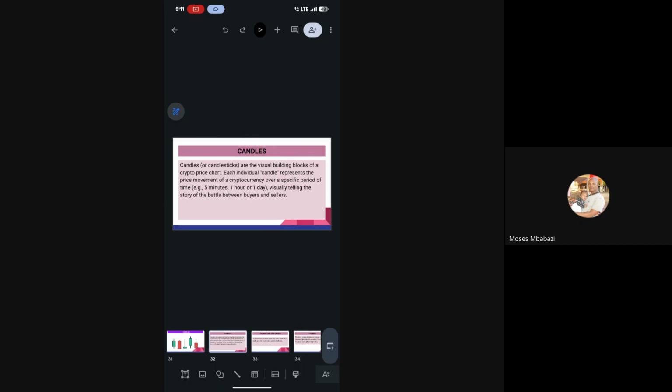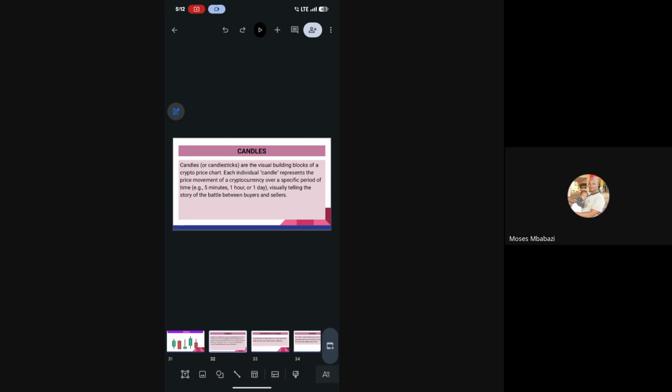So it is with the help of the candles that we are able to sit down, look at what's going on, then take an informed decision. Okay, I think this market is on an uptrend. I think this market is on a downtrend. It is the candle that helps us to visually identify the war going on between the buyers and the sellers, and this happens over a specific period of time.